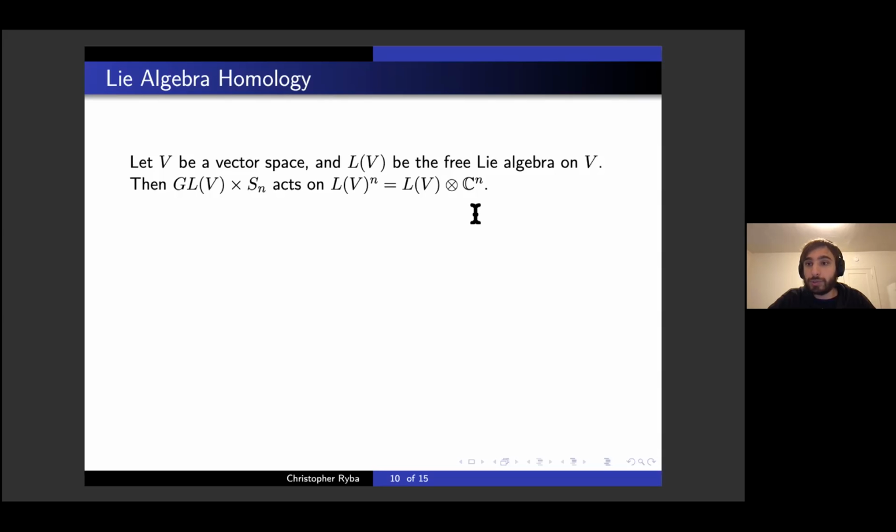If you think about which things do respect the Lie brackets, it turns out that it is the permutation matrices which do, because they just reorder the factors in this expression or decomposition of Lie algebras. So we have automorphisms of the vector space V acting on the free Lie algebra on V. And we also have the symmetric group acting on this thing by Lie algebra automorphisms, where this symmetric group action is restricted from the general linear group.